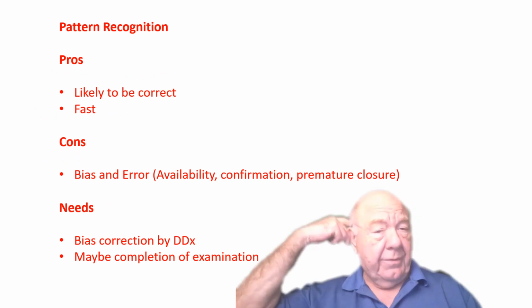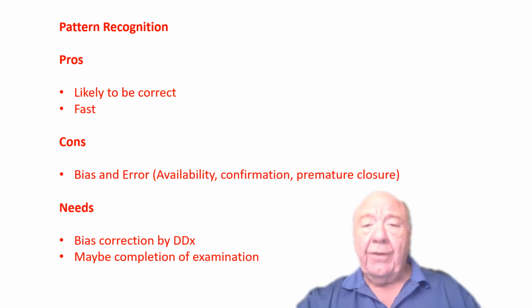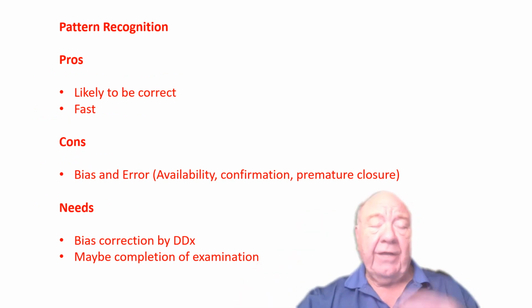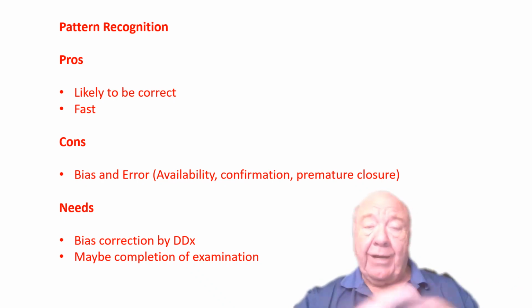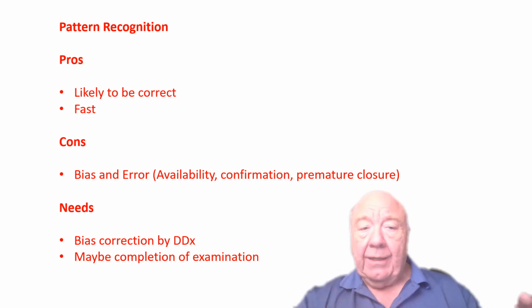So let's have a look at pattern recognition. The pros for this is basically that it's probably going to be right. If you're an expert in the area to the point where you understand what's going on rapidly, then you're probably going to be right. It's unusual for that to fail.